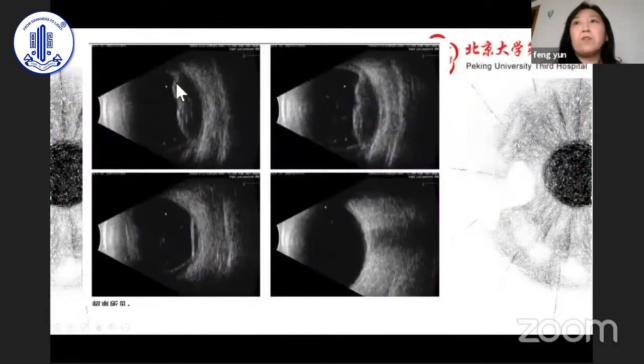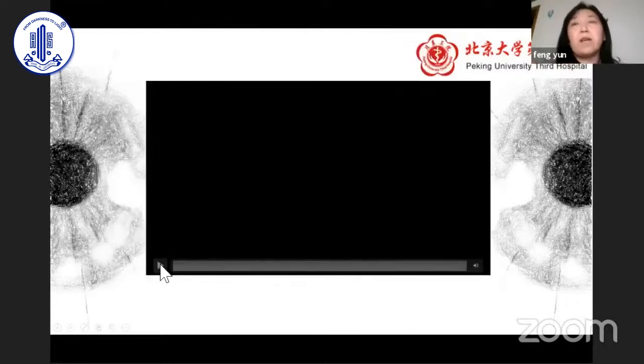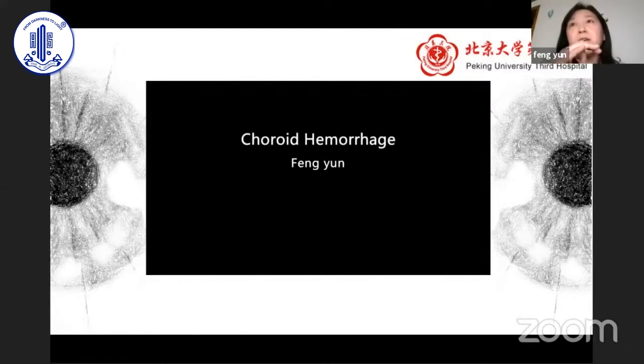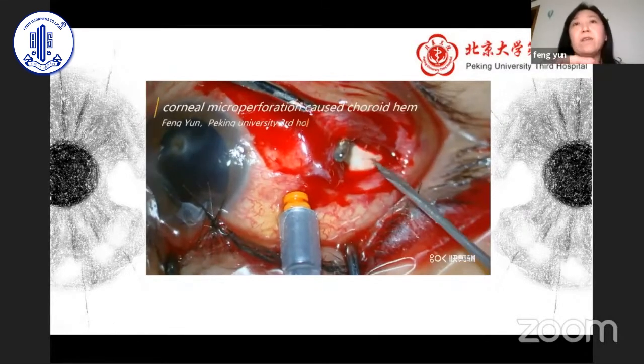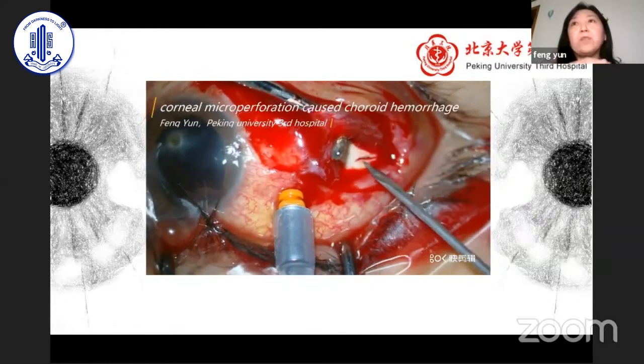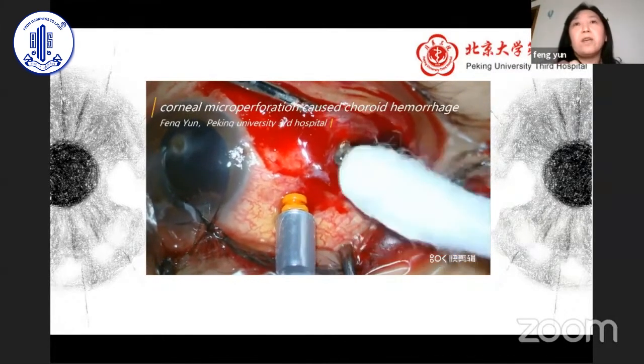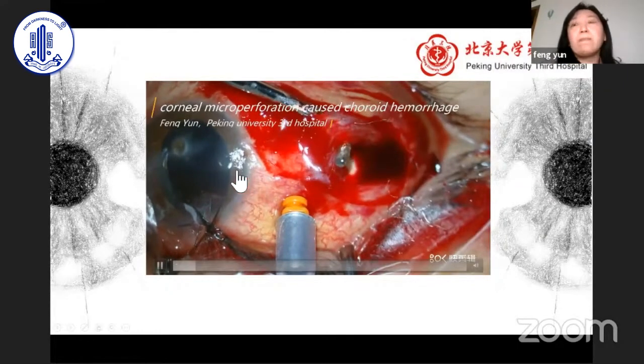But on ultrasound, because the visual acuity is light perception, we can see a very large choroidal hemorrhage in the eyeball. I think the small wound had thinning and a microperforation, which caused hypotony and later the choroidal hemorrhage.